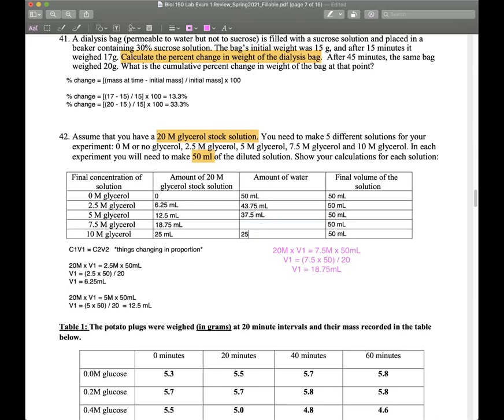We know this is 25. This is 31.25, I think. Someone check my math. Yeah, that's right.